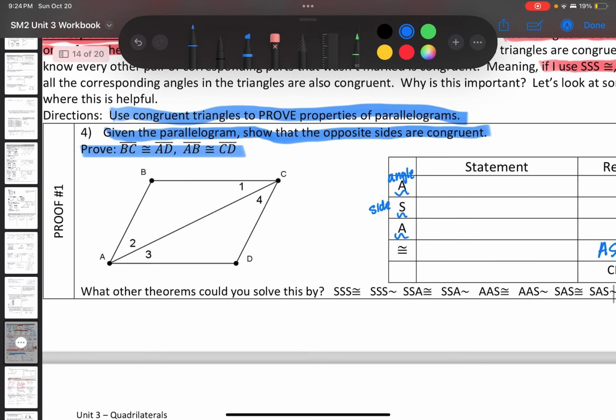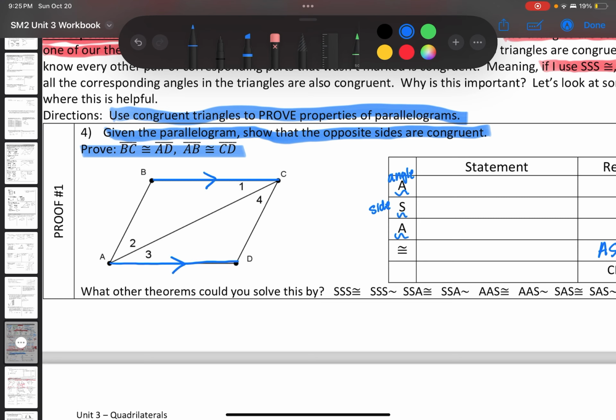First let's go over a parallelogram. What do we know about parallelograms? We talked about this a couple times. Parallelograms must have opposite sides that are parallel. So BC here is parallel to AD because they're opposite of each other.